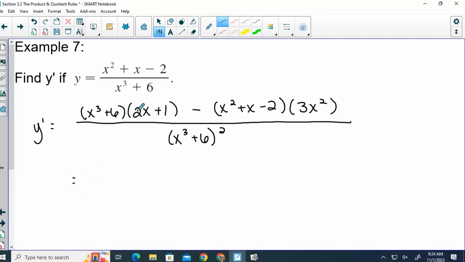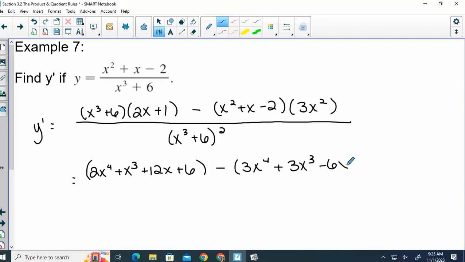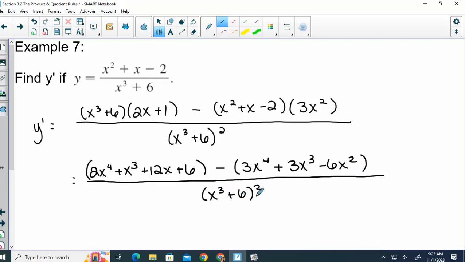So if we multiply everything out, taking the negative through that one and combining like terms.